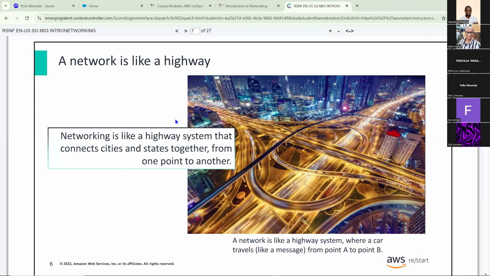So if you think about those roads, see how a road connects. There are these roads that we call bypasses. There is the southern bypass, the eastern bypass. Look at that network. In as much as it is a bypass, it is connected to other roads. You start from here, you exit there, you get here, you get there. Those are examples of networks. That's how you can visualize a network.